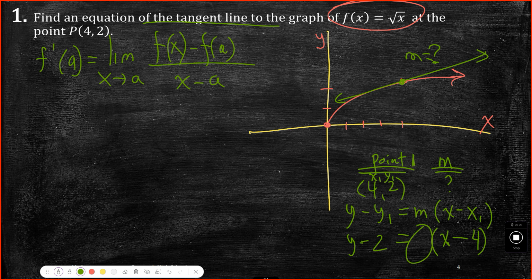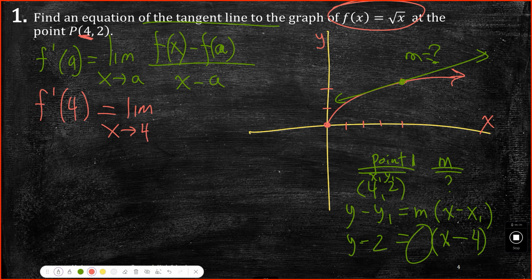If we want the rate of change, f prime at an input a, we do the limit as x approaches a, where a is 4.